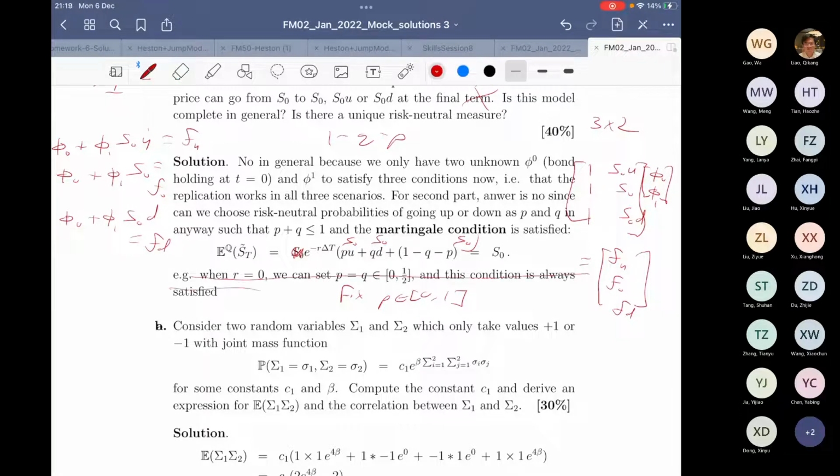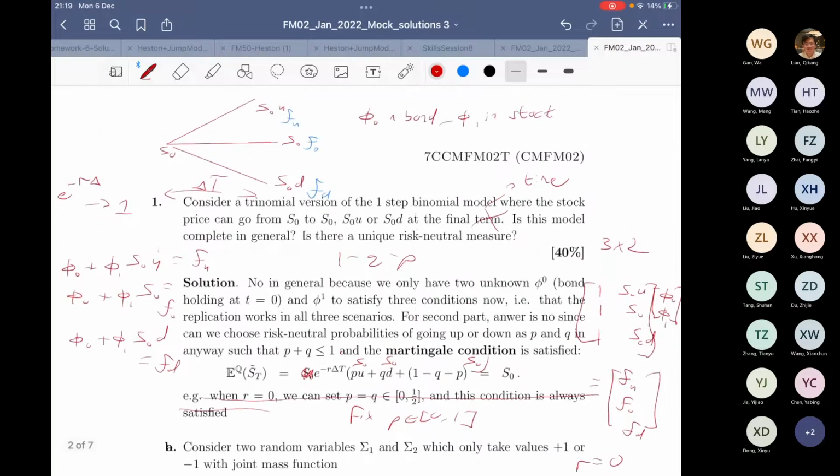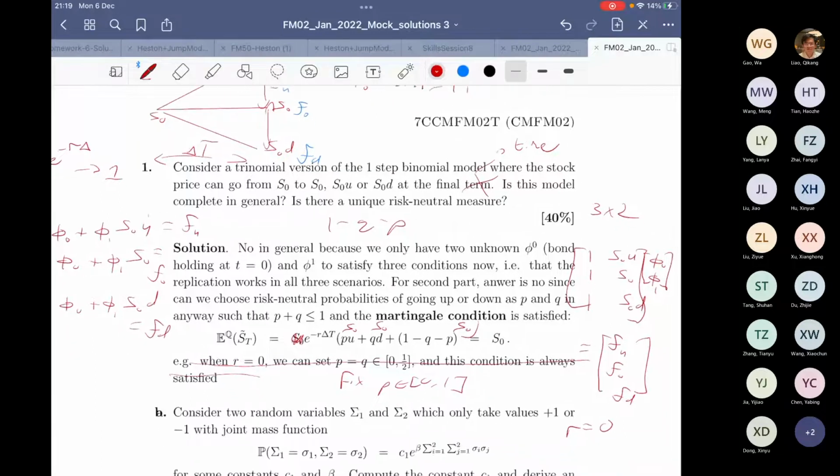I was thinking of the very simple case when R equals 0 and the distance up to that barrier or down to that barrier is equal, in which case it's kind of intuitively clear.